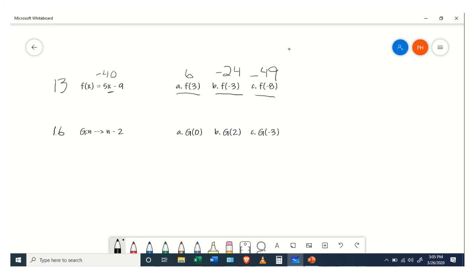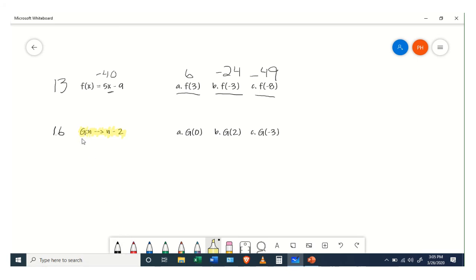Now let's go down to number 16 here. Even though this looks different, it is actually saying the same thing as number 13.